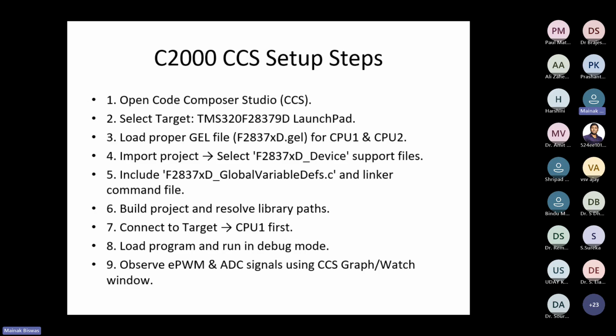It comes with two CPUs, CPU1 and CPU2, and then we import the project, selecting F2837D_device. It comes with the support files, and will then include the F2837D_GlobalVariableDefs.c. That is a linker file, and it will link with the command file.